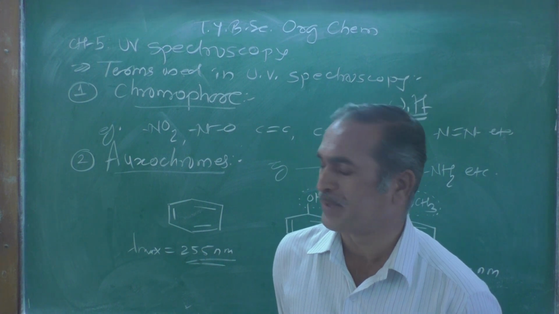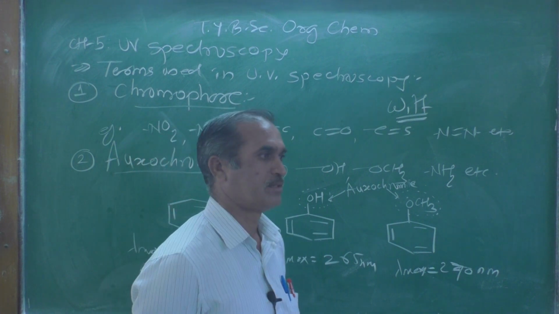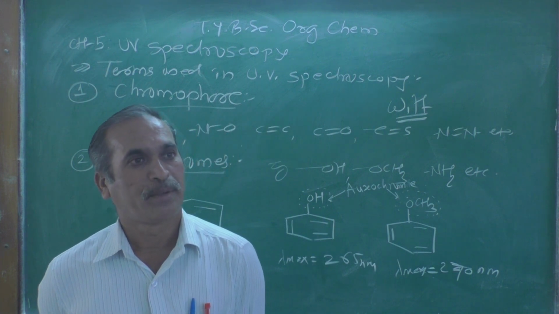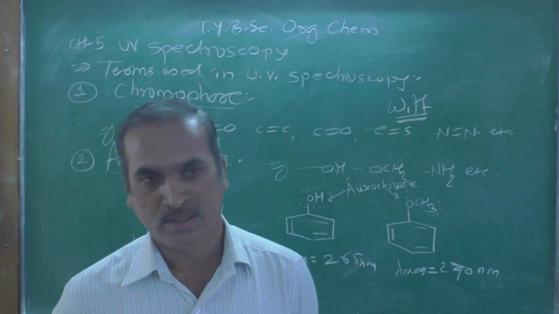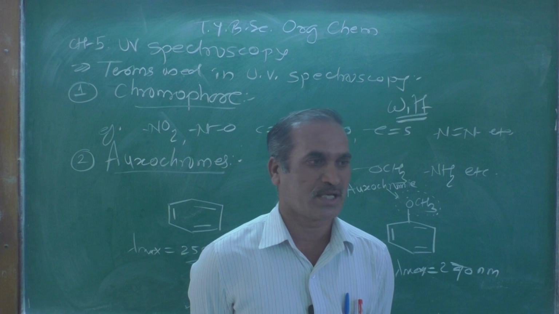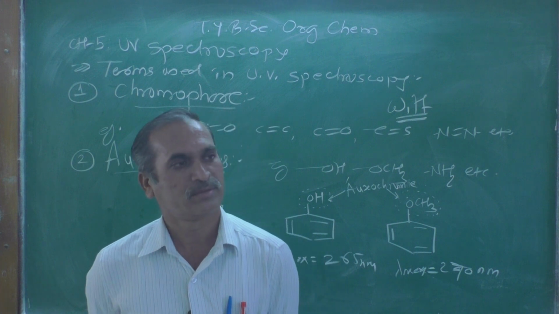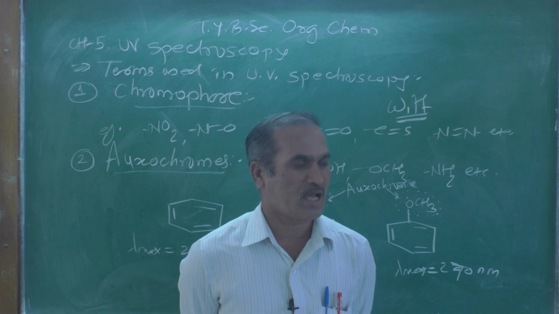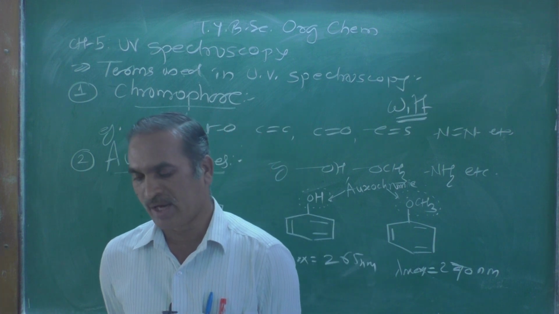From UV spectroscopy we can easily distinguish between cis and trans isomers by observing the peak, by observing the signal. The cis isomer is observed at lower wavelength as compared to the trans, or in another way we can say the trans isomer absorbs at longer wavelength.